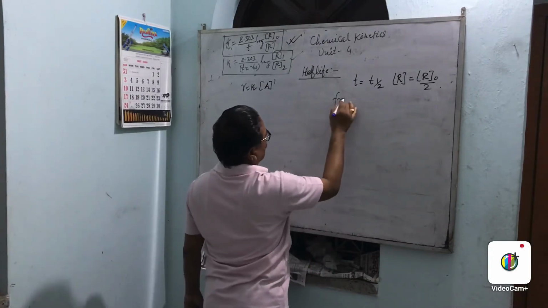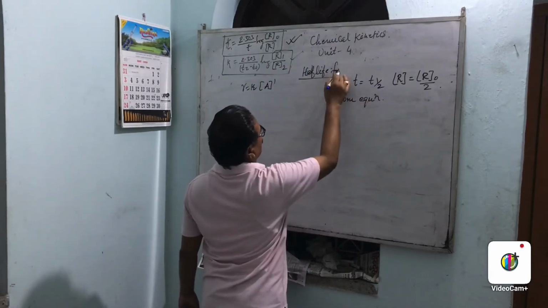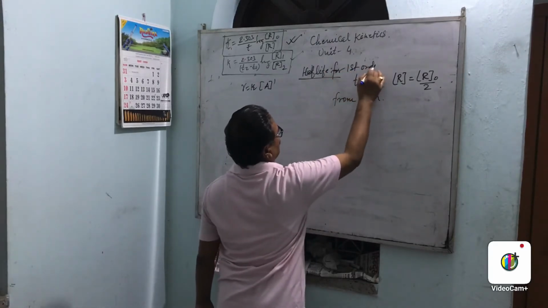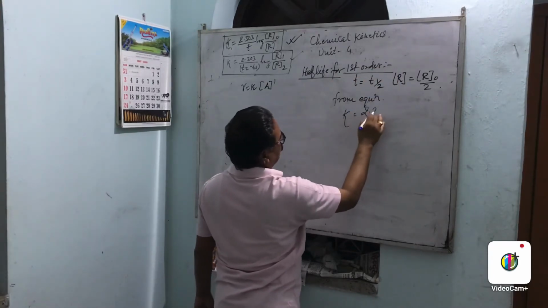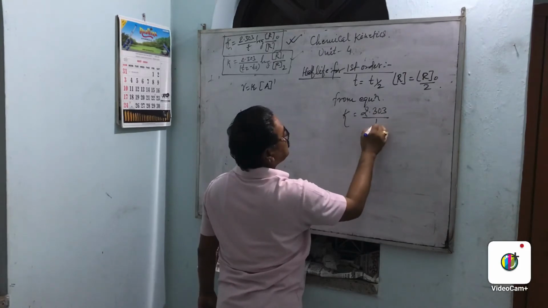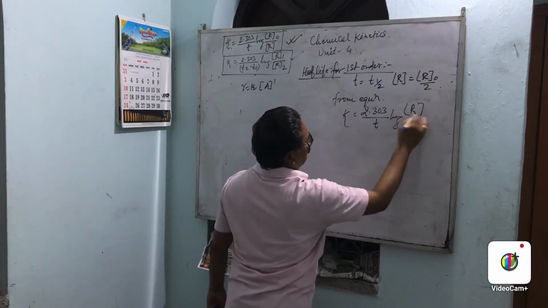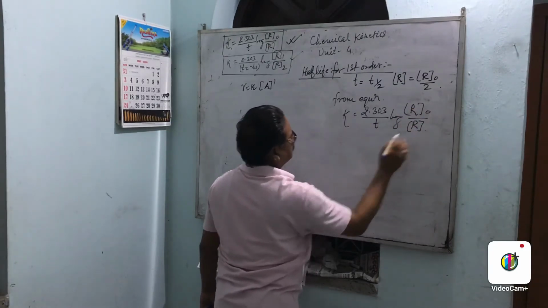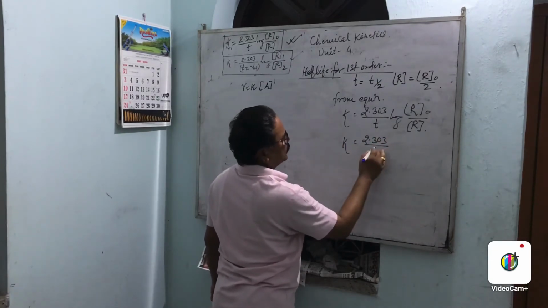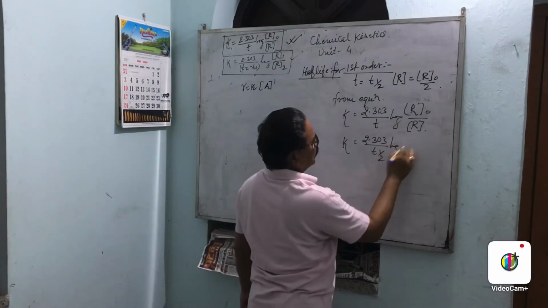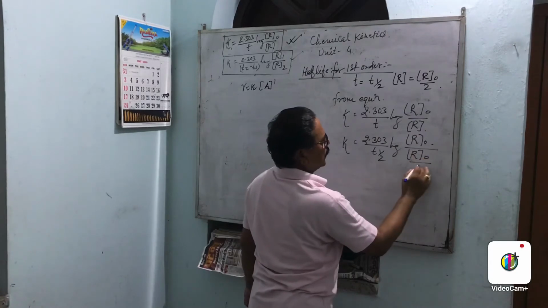So from equation, half-life for first order, the heading should be written as half-life for first order. From equation K is equal to 2.303 by T log R naught by R, this one. So we write here K is equal to 2.303 by T half, and this is log R naught by R naught by 2.